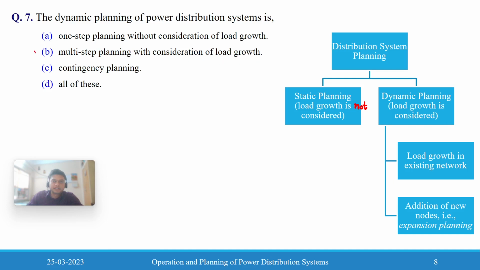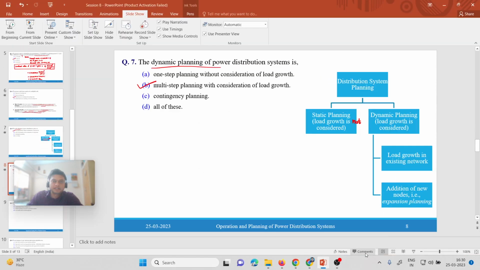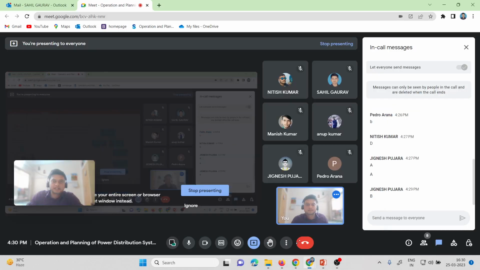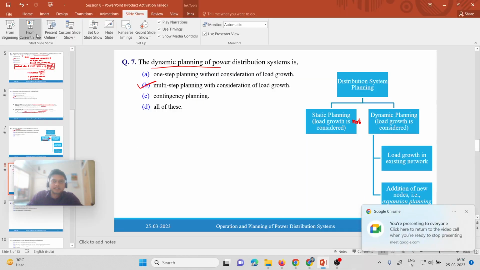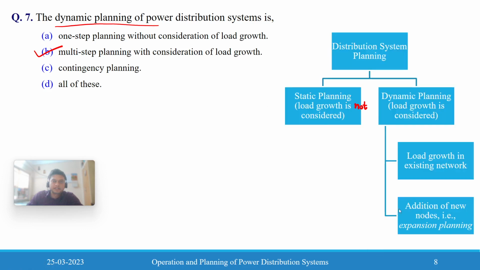So B is the correct option for this dynamic planning. Yes, B is the correct option, Jignesh Pujara. Now let us see the next problem.